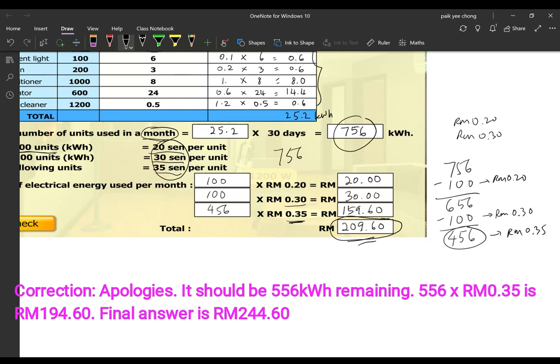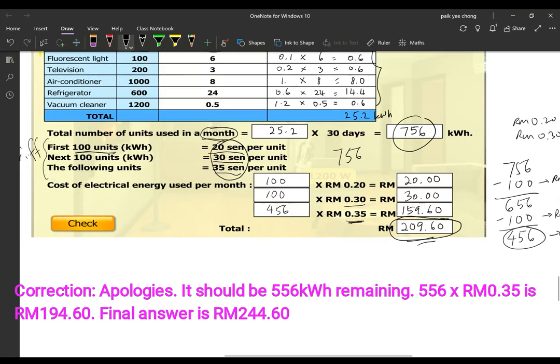Now, if you don't have this tariff, let's say your usage is 756, and you calculate at a flat rate, how much would it be? It'll be much cheaper, but unfortunately this is not what happens in our country.